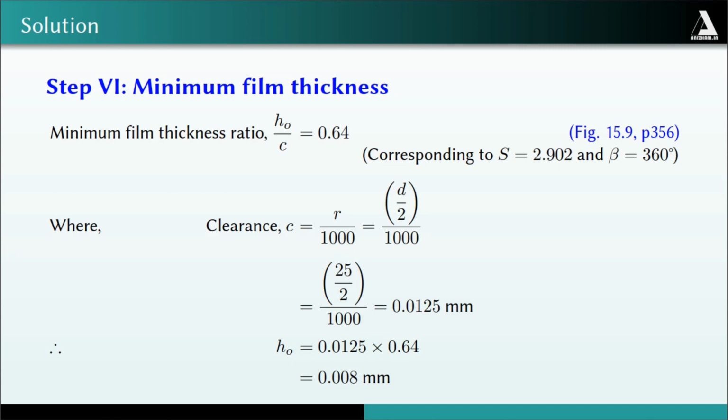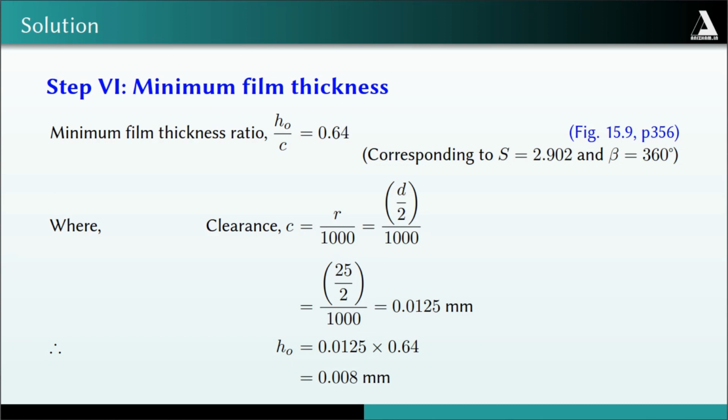In this relation, C is the radial clearance that can be obtained from the relation R by C equal to 1000. Therefore, clearance C equal to R by 1000, where R is the radius of the bearing, that is D by 2. So clearance C equal to D by 2 divided by 1000.